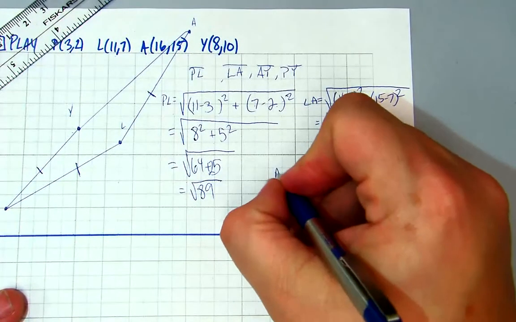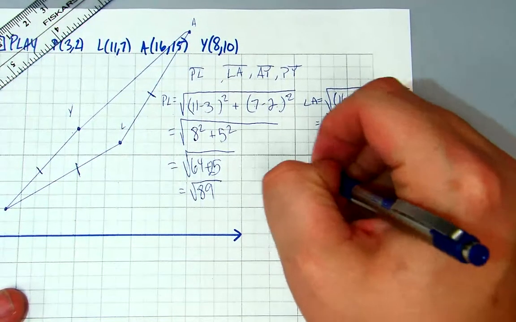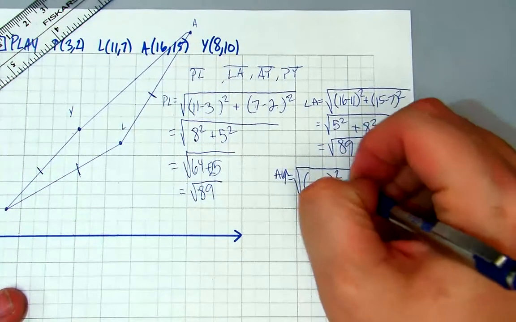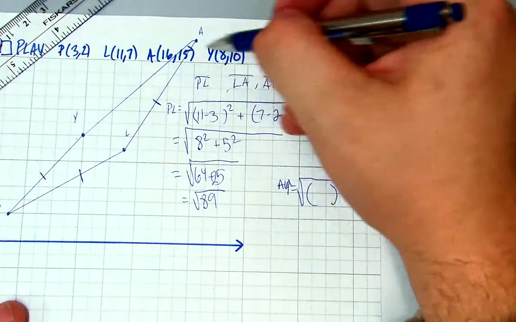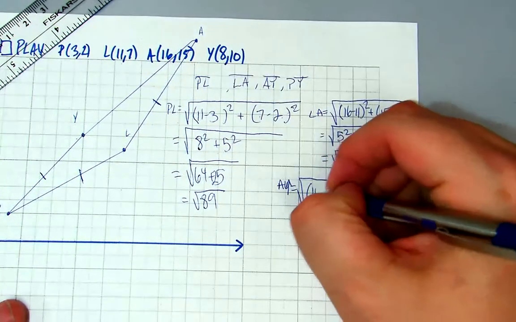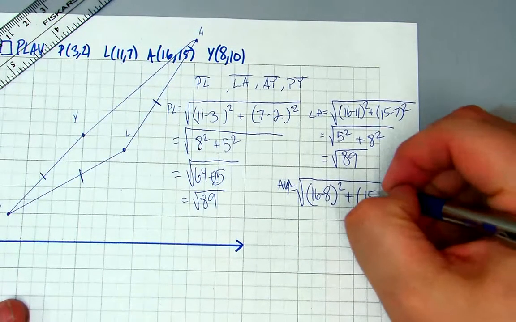AY. I'm going to take 16 minus 8 to keep things positive, and 15 minus 10.